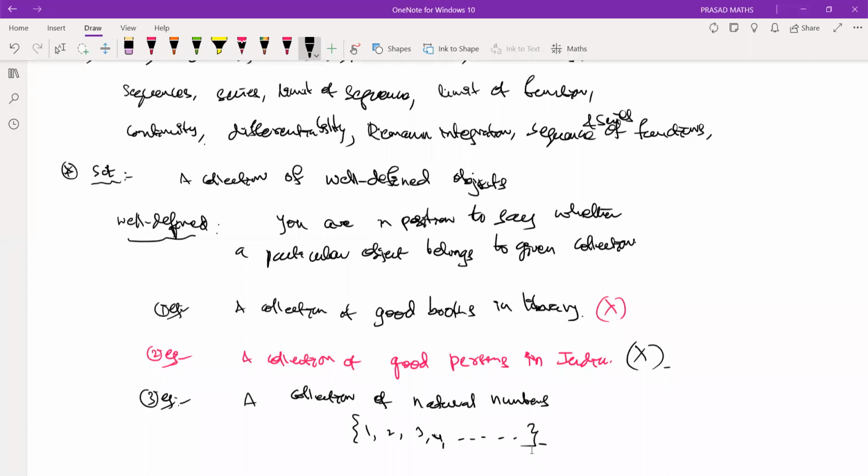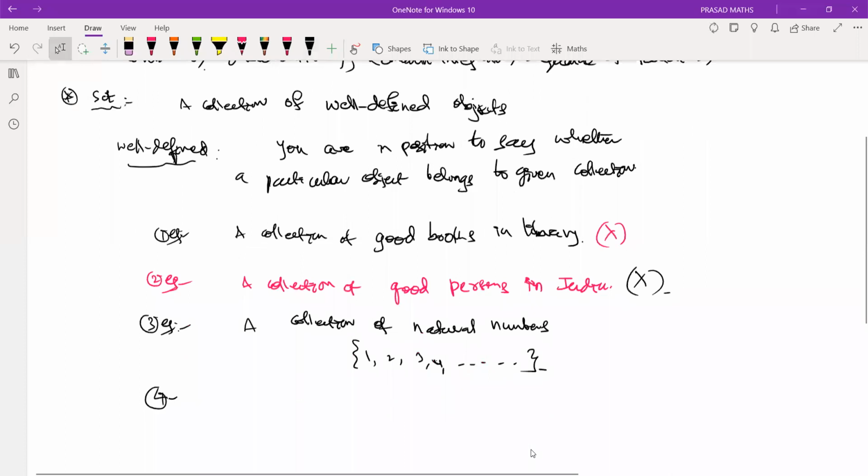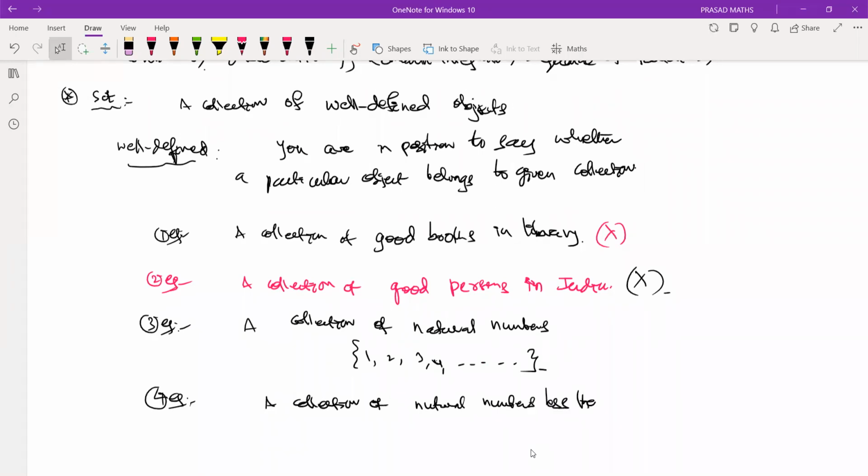Right? Suppose I give a restriction on this particular collection: a collection of natural numbers which are less than 20. Is it a well-defined collection? Yes, sir.